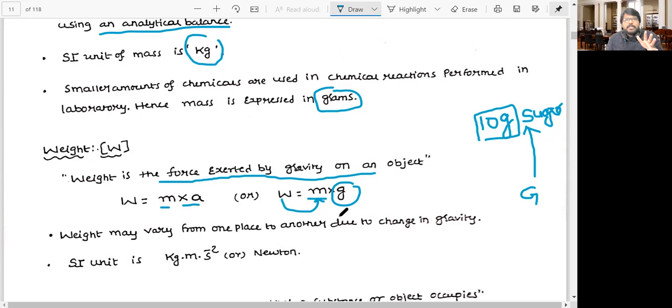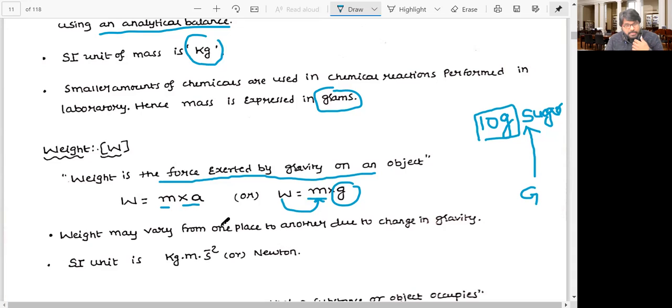So whenever there is a sugar bag available, how much amount you are taking, that is mass. Since you are on Earth, gravitational force is constant. So that is the difference between weight and mass. But we chemists sometimes use weight or sometimes use mass. It makes no much difference.